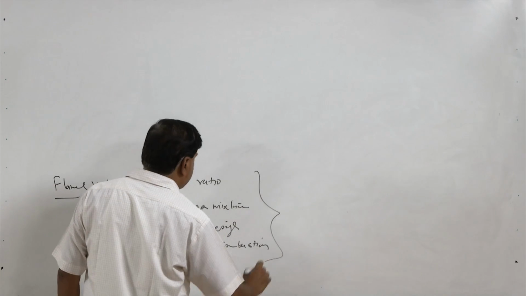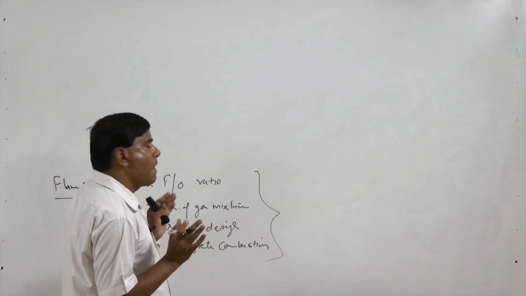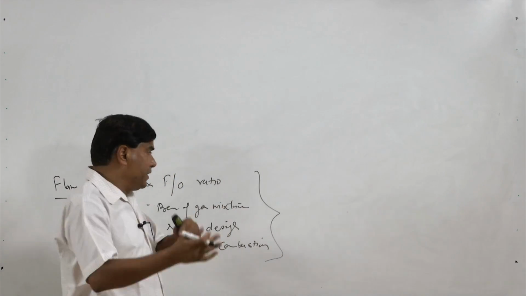These are the four factors that govern the velocity of the flame.